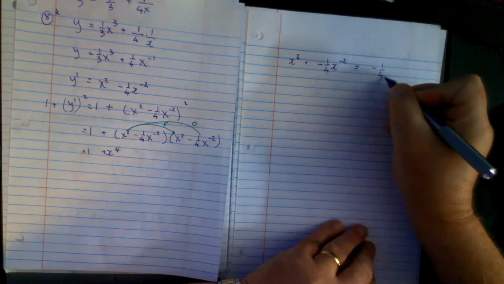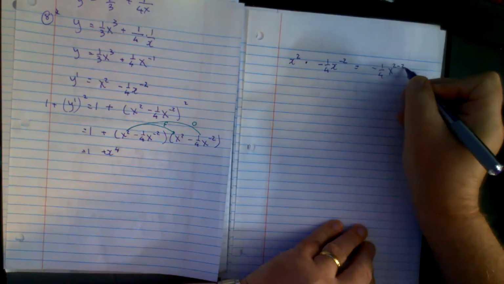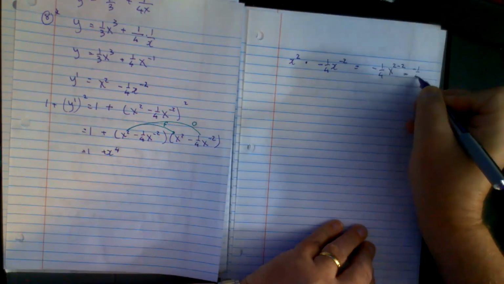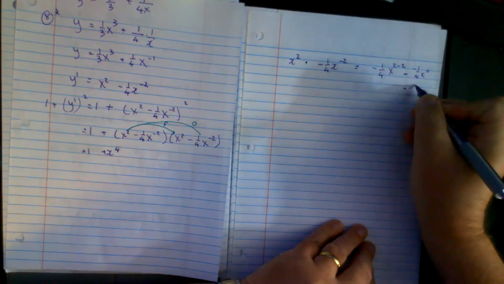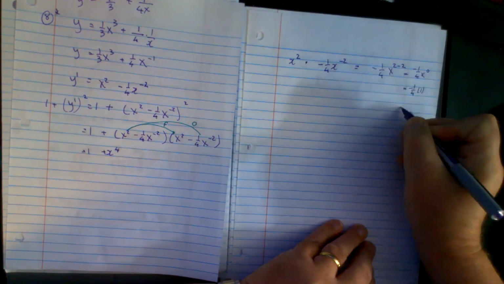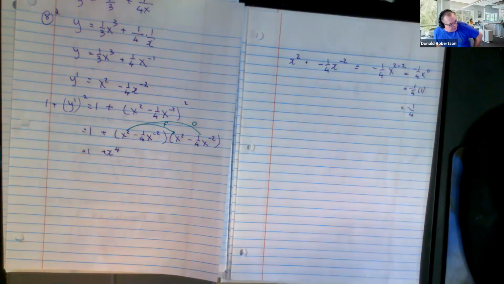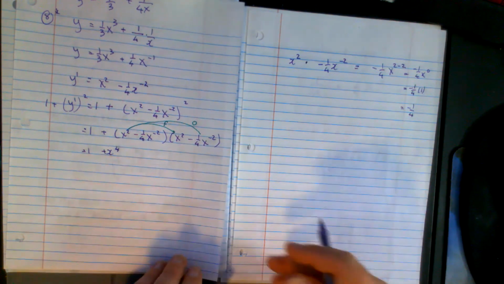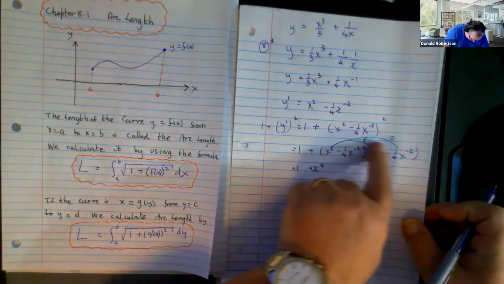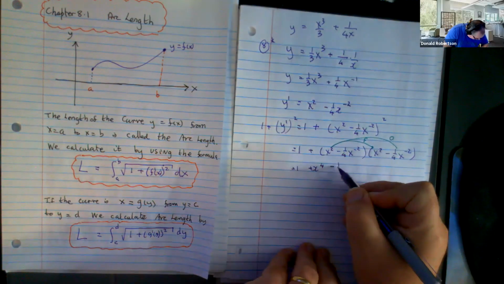Don't you add the powers together so you get x to the 0 or 1? There's a long-winded way, but you've nailed it. Would you agree that that actually gets you the number -1/4? You comfortable where that's coming from? So that guy is -1/4.